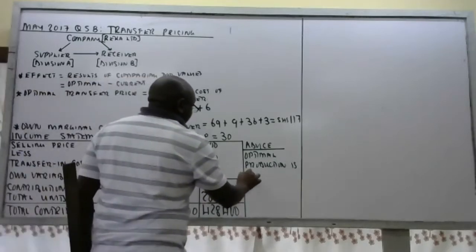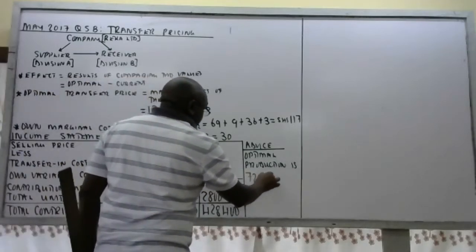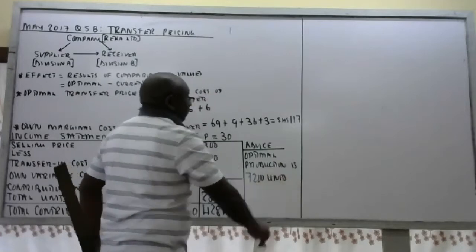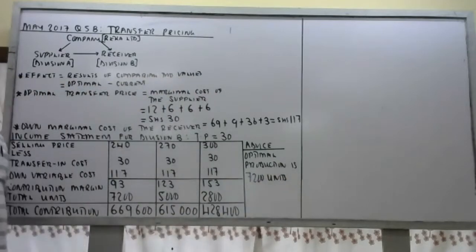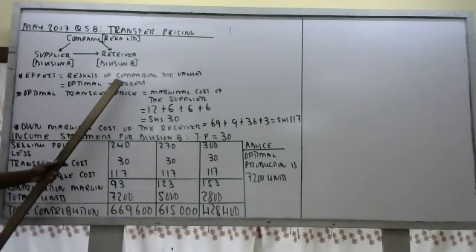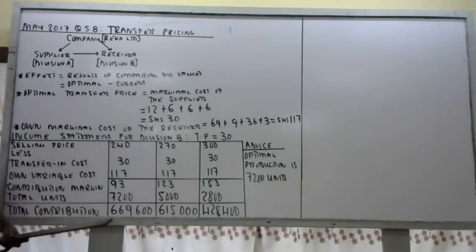It is 7,200 units, so that they make a contribution of this. So that's the first thing. Remember we said it's a comparison of two values. So that is the first value.